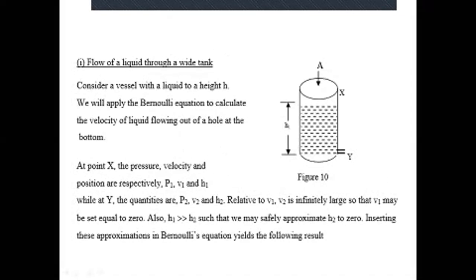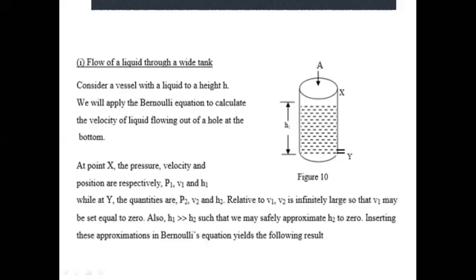I've made an assumption here that V1 relative to V2 is much, much smaller, so V1 can be set to 0 and the equation now becomes 0 plus P1 over rho, where A is the cross-sectional area of the tank, and then g times H.